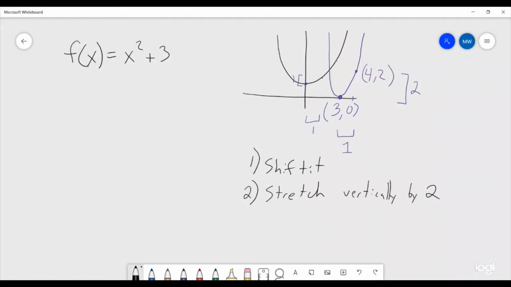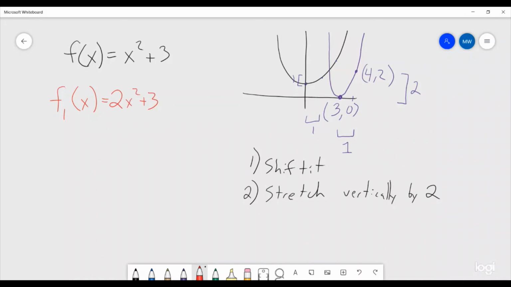So let's do the stretching vertically first. That one is pretty straightforward. To stretch it, we just need to double the x squared part. So that is going to mean that our f1 of x is just going to be 2x squared plus 3.